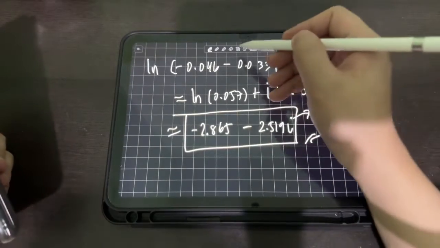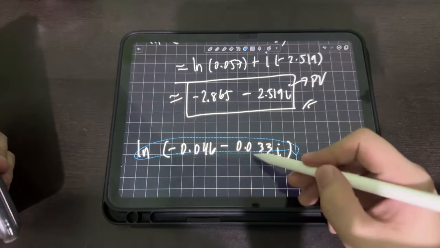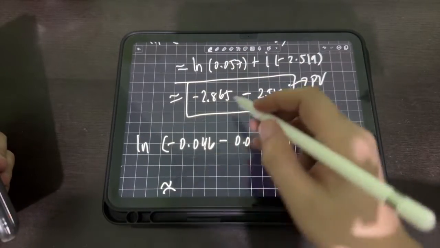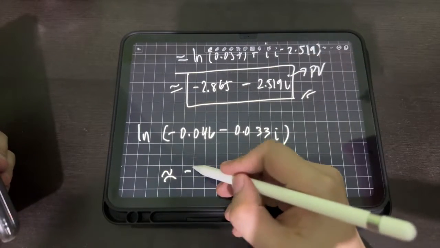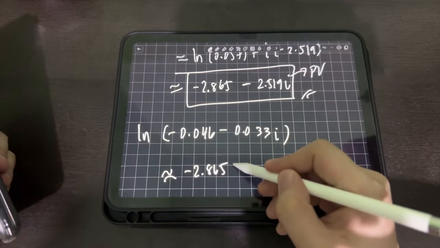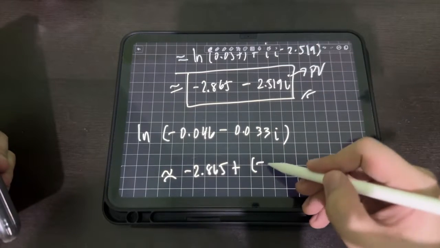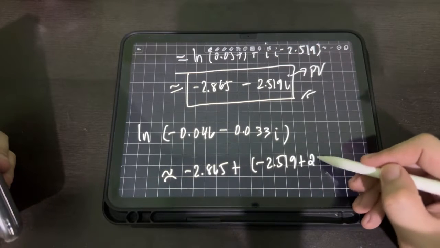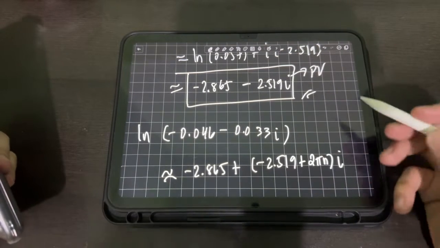Okay? You can also get the general value. The general value of this ln is the same, negative 2.865 plus the quantity negative 2.519, but with added 2 pi n times i.